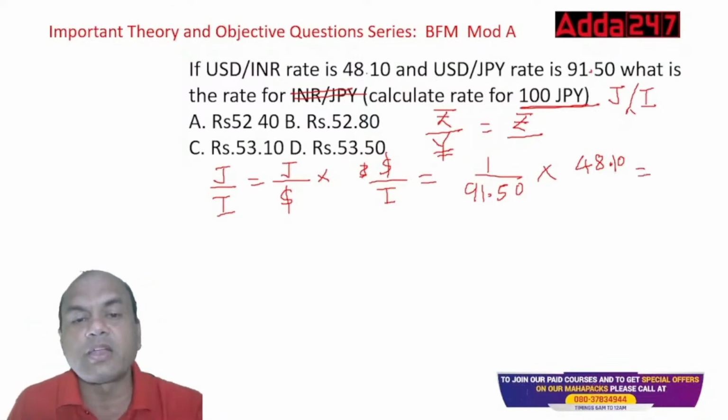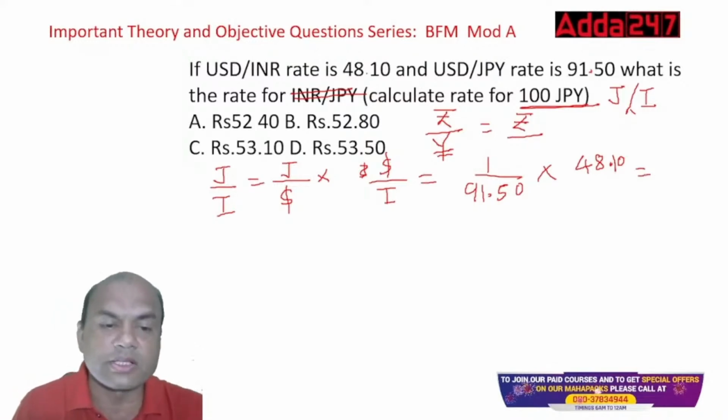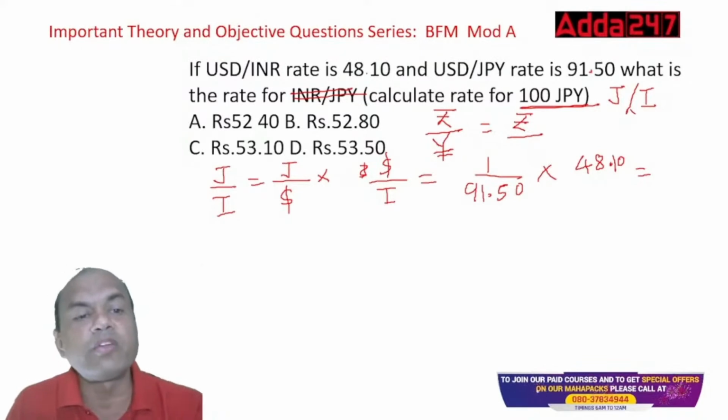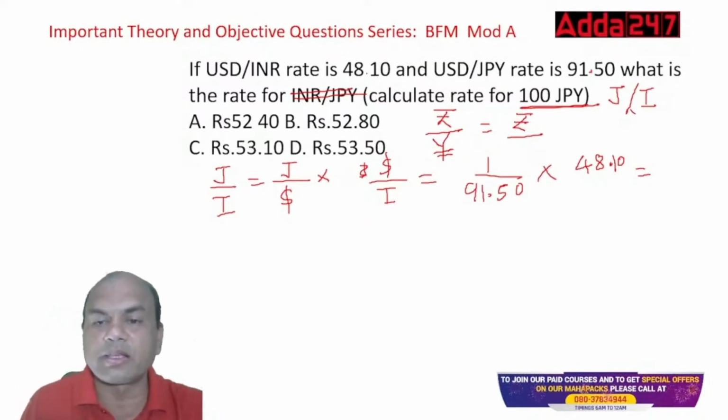Now take the answer, everyone do it. 48.10 upon 91.50. What is the answer you're getting? 48.1 upon 91.5, right? It is 0.5256.